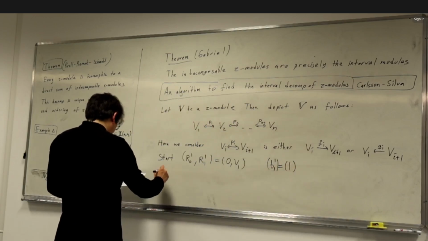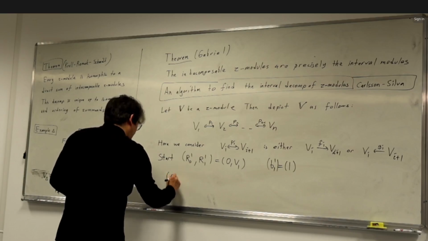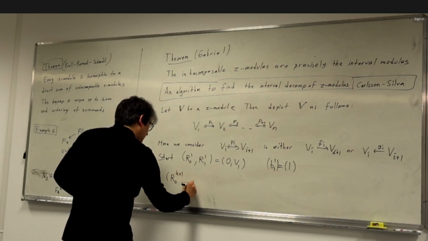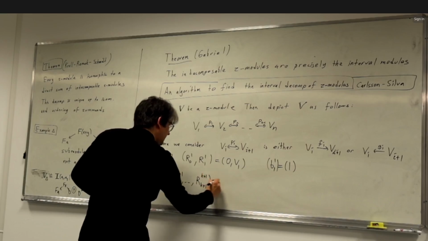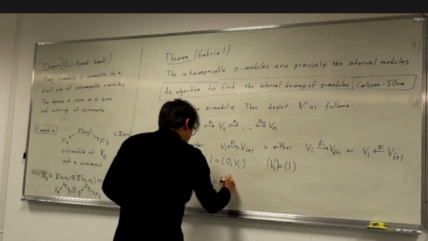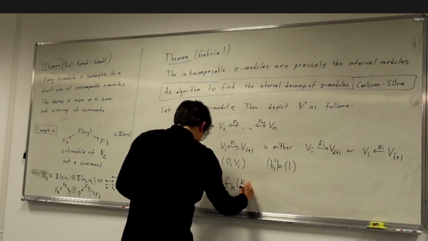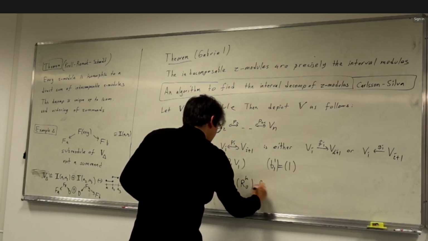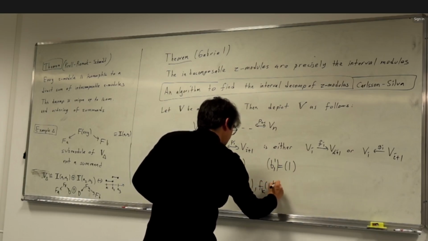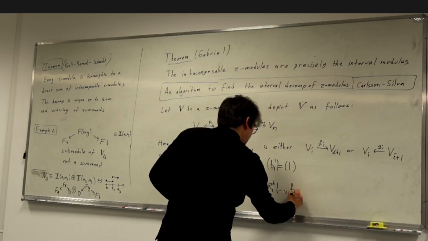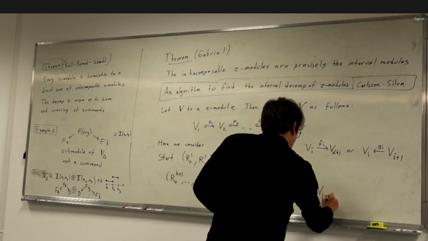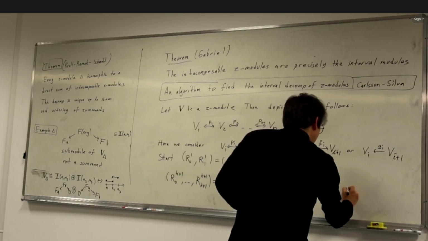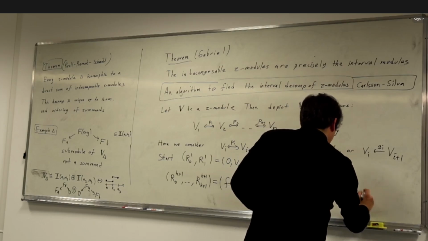And then in the recursive step, say R_0^{k+1} all the way up to R_{k+1}^{k+1} is F_k R_0^k, F_k R_1^k, ..., F_k R_k^k, and then V_{k+1}, if P_k is F_k.